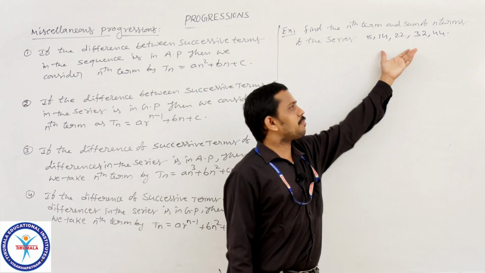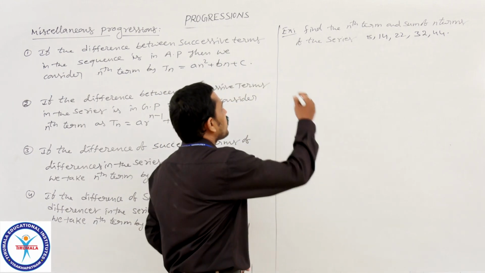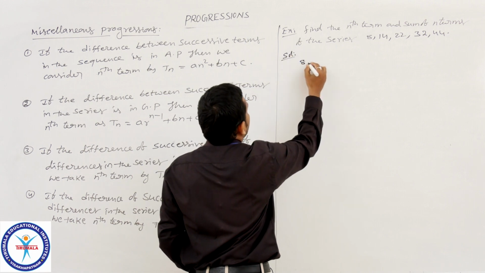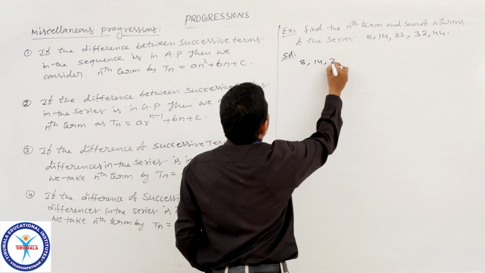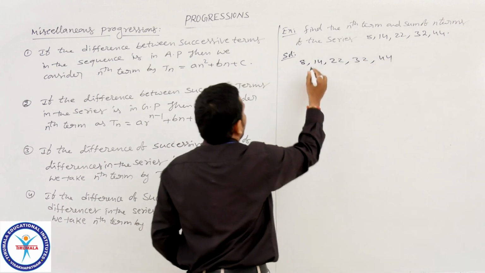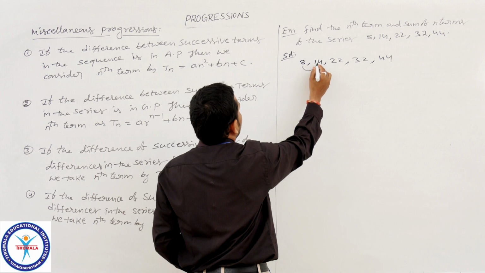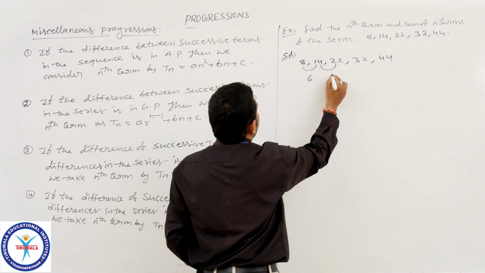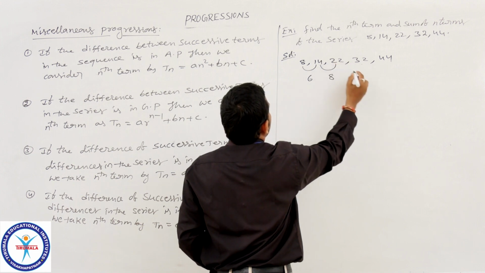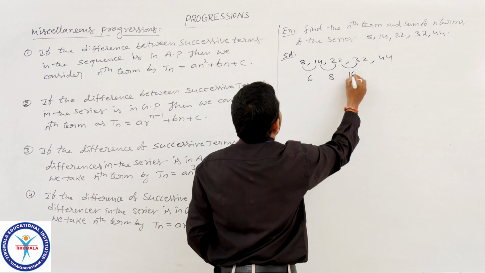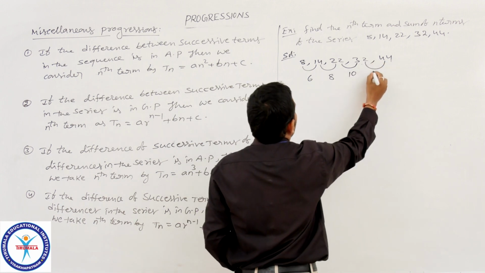So, for these types of questions, first we have to consider the given sequence 8, 14, 22, 32, 44. Now, what is the difference between consecutive terms? 14 minus 8 is 6, 22 minus 14 is 8, 32 minus 22 is 10, and the difference between these two is 12.